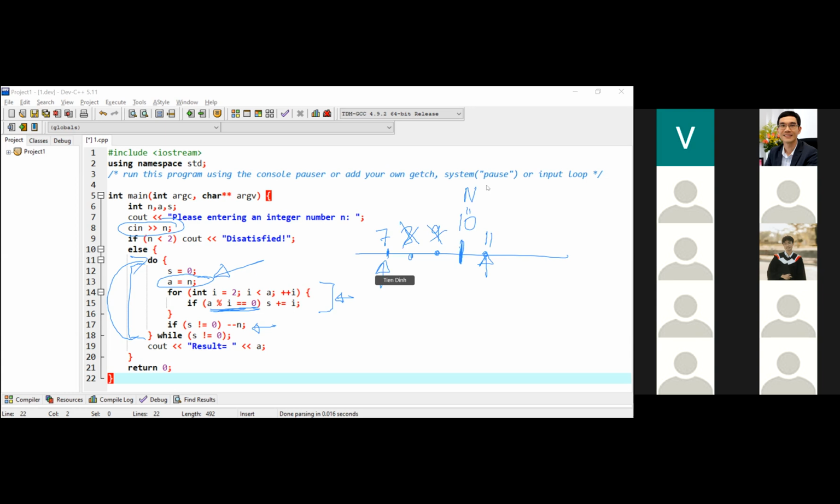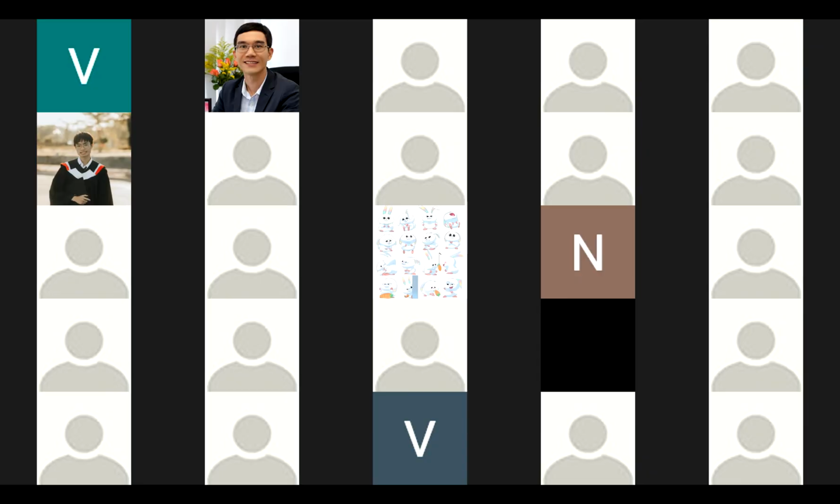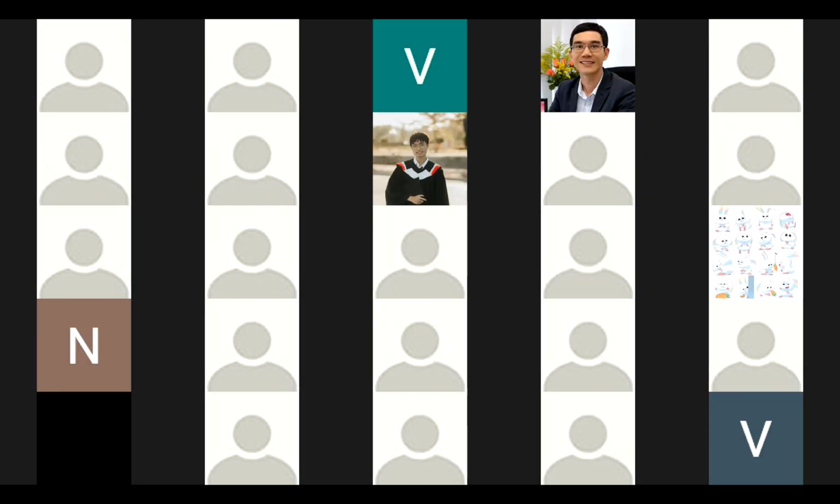So you need to check from both ways, not only the decrement in n, but also number 11. 11 here is closer to 10 than 7. So only here your friend checks backward from n, minus 1 each time. Thanks for sharing. You can upgrade your work to make it work for both sides. Anyone else who is willing to share your work so that it will cover both sides?